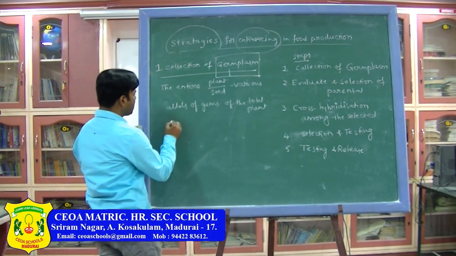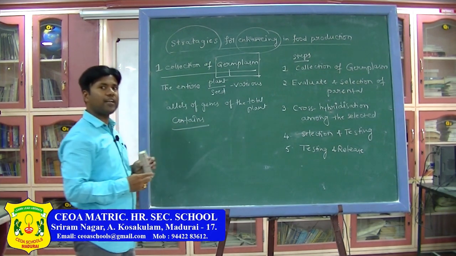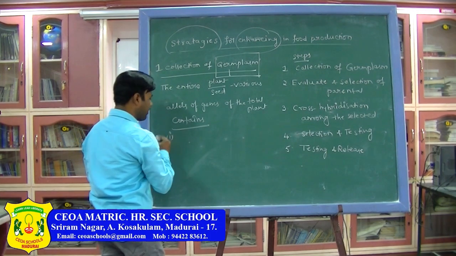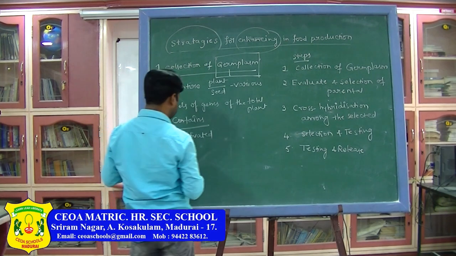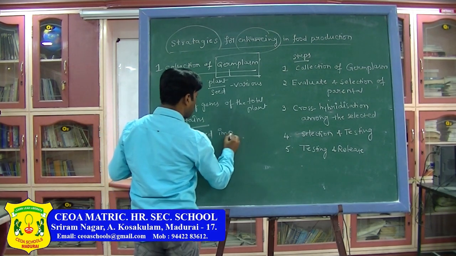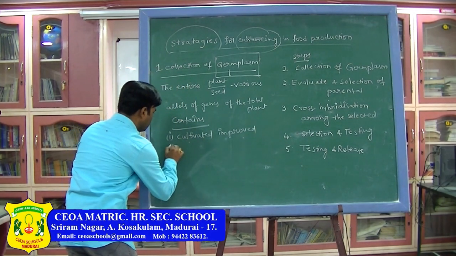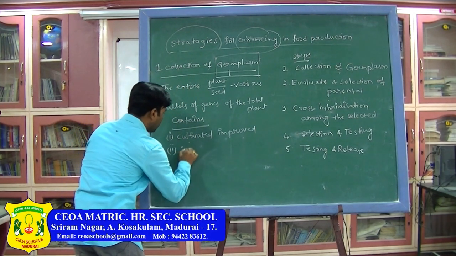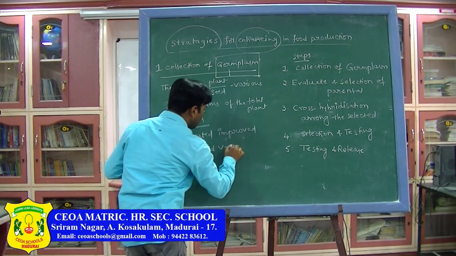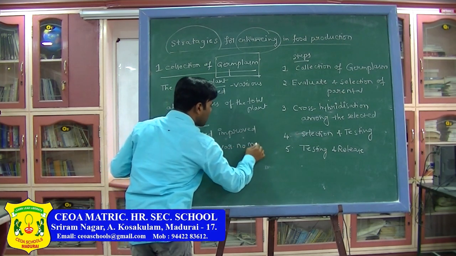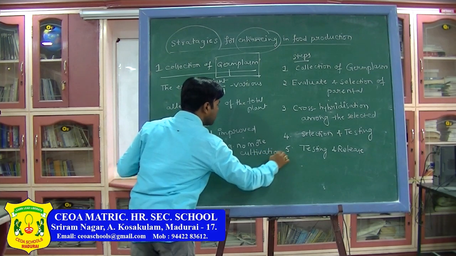And also, what is germplasm consisting of? It consists of cultivated improved varieties. Next, improved varieties no more in cultivation.